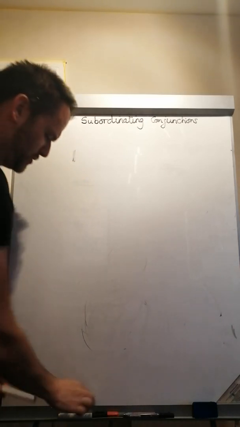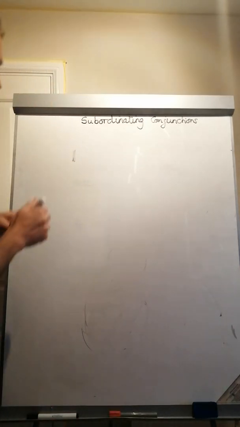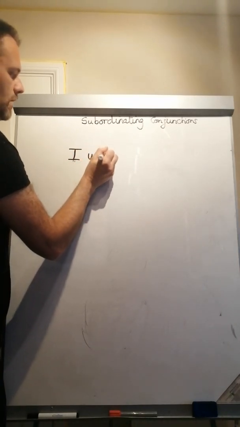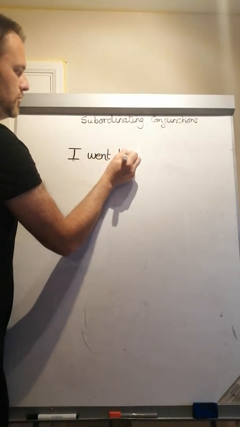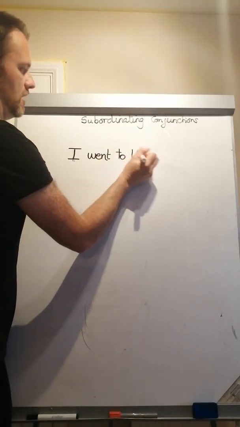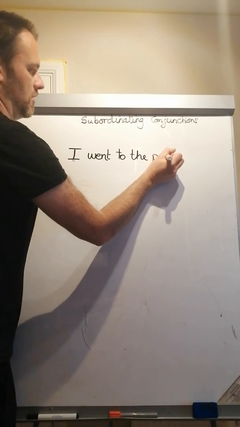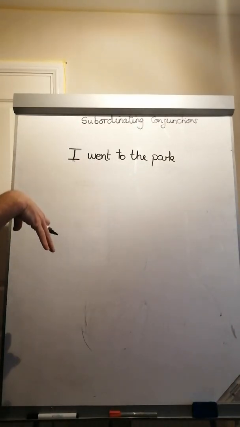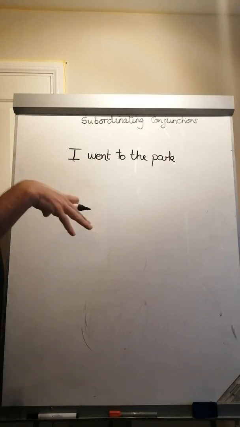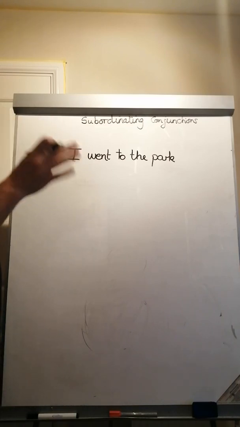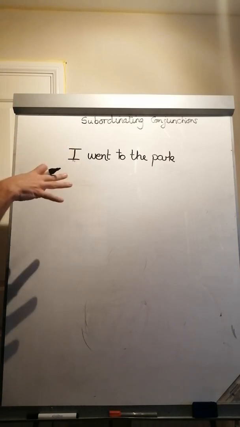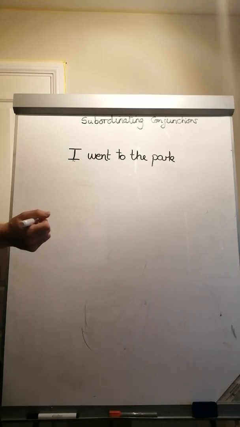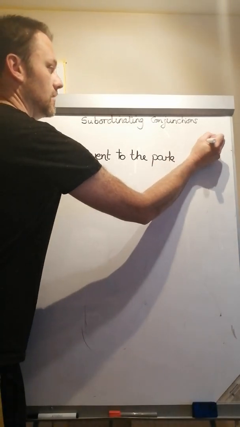Oh, it's not working. There we go. I went to the park. Okay, now hopefully you would have had a look at the PowerPoint. If you haven't, have a go at it now. If you don't have time or you can't access it, that's fine. We're going to work with 4 different subordinating conjunctions today.